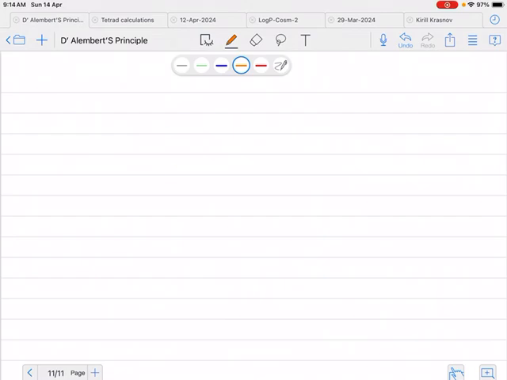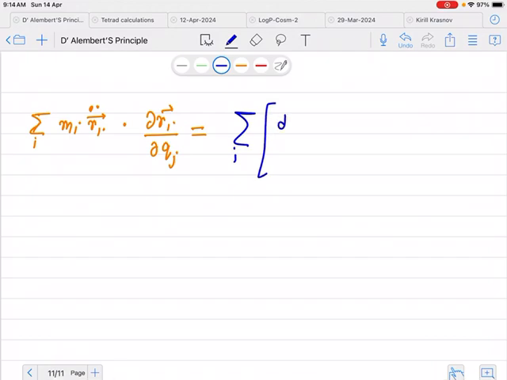Okay, so equation 1.50 changes. mi Ri double dot del Ri over del Qj is equal to, after the previous 1.50 equation, the first part was the total derivative term, and we are writing Vi instead of Ri dot, because velocity is Ri dot, times del Vi over del Qj dot, from equation 1.51, the previous equation.